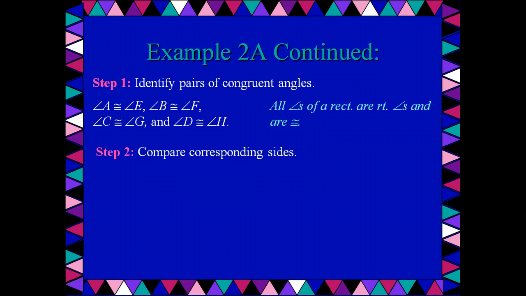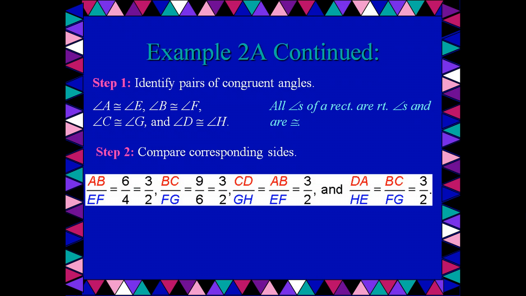Step 2 then will be comparing the corresponding sides. And when we say compare, then we mean the ratio. So AB to EF is 6:4, which reduces to be 3/2. BC to FG is 9/6, which is also 3/2.